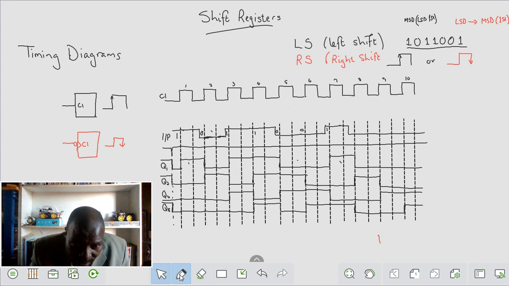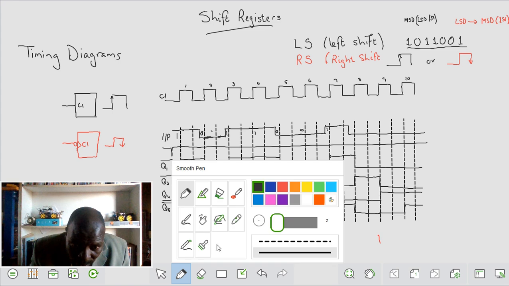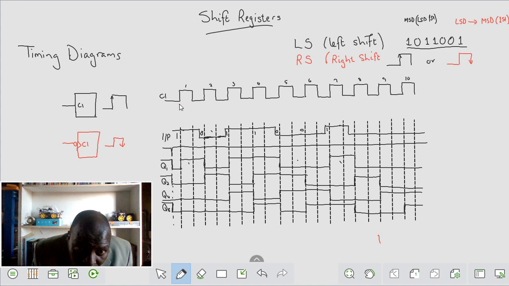Now we go back to our pen, and our input is going to be that one first, the LSD. No, this will not work. Why won't this work? Let me remove the old input, because now I can see why it won't work.